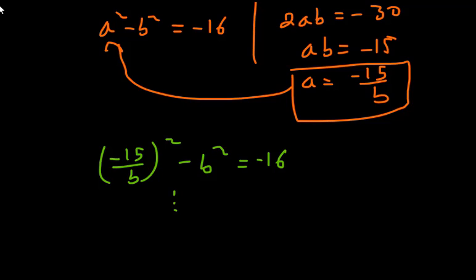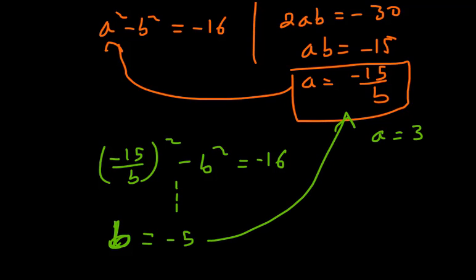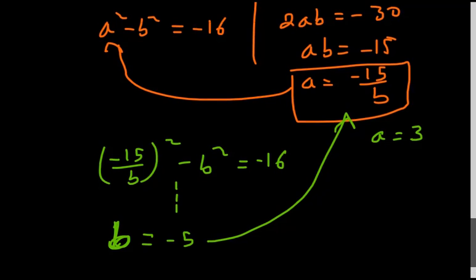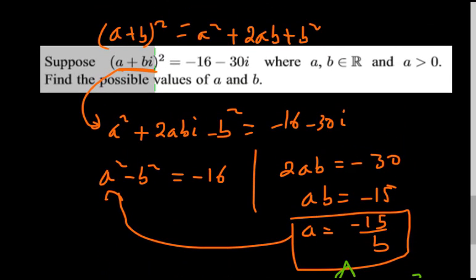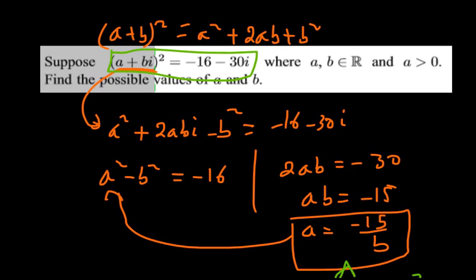Because this is a fourth degree function, after you solve this, the value of b is negative 5, and when you substitute this here, the value of a will be 3. So these are the two values of a and b so that the left and the right part of this expression are equal.